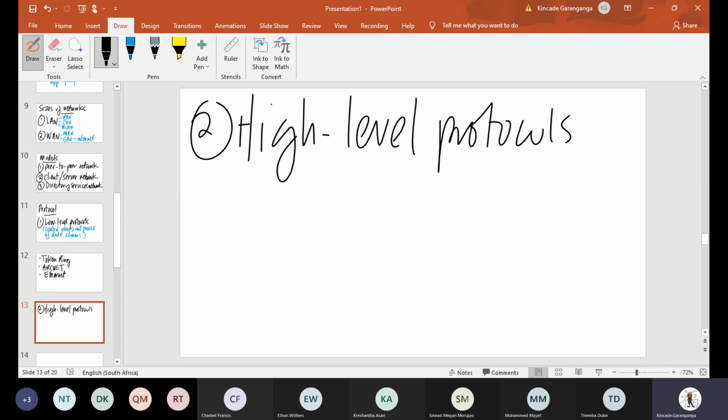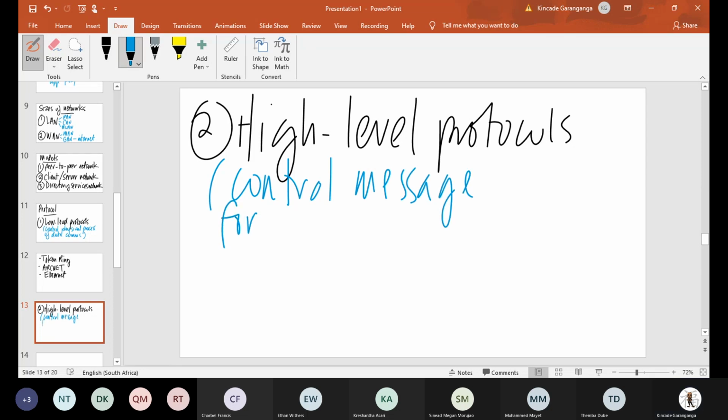So, like I was saying, these high-level protocols look at controlling message formatting, and at the same time also look at addressing and handshaking.